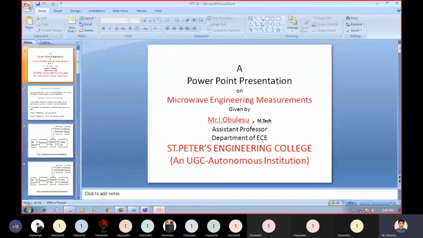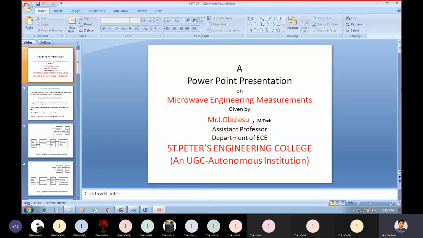So last class we were discussing up to measurement of power, measurement of high power VSWR. From that we have measurement of low VSWR, measurement of high VSWR. Voltage standing wave ratio is defined as the ratio of maximum voltage to minimum voltage.